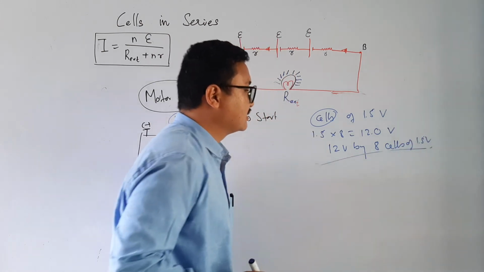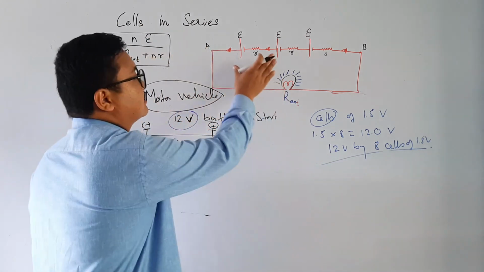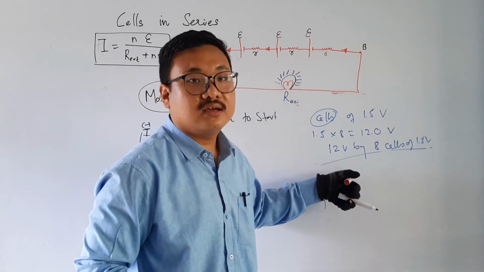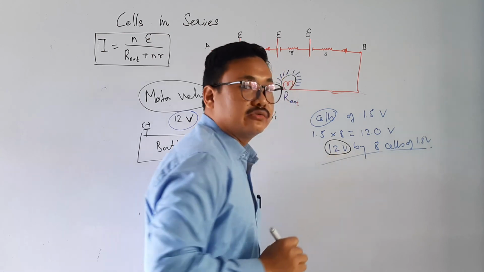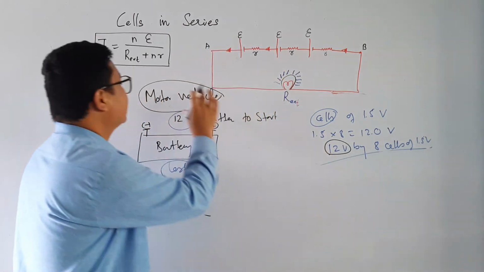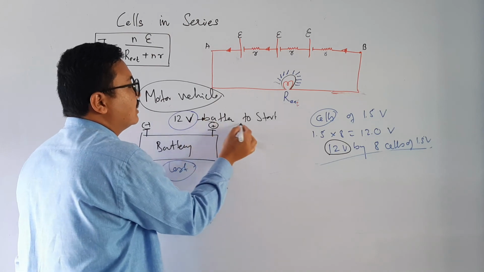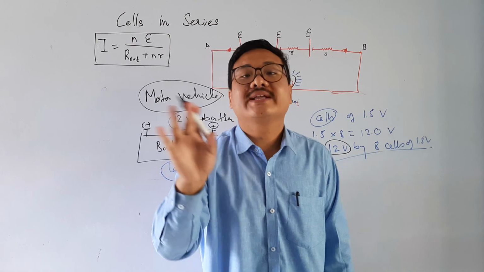Now I connect the 8 cells in series like this, 1, 2, 3, 4. From this theory we should get how many volts? 12 volt, and it should start our motor vehicle because it needs 12 volt to start.